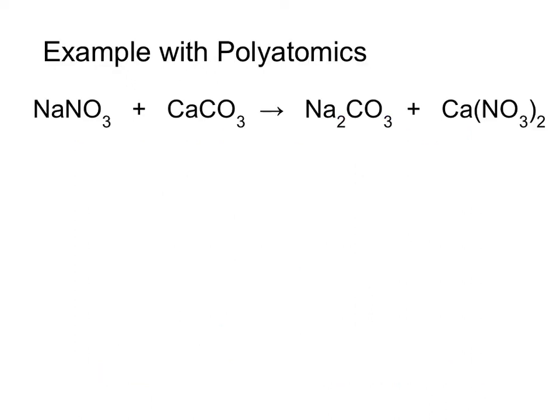When working with polyatomic ions, it's easiest if we treat the entire ion as one thing, rather than counting up all the different elements in the polyatomic ion. In other words, if I'm balancing this equation, I'm going to look at this and say that in the reactant side, I have 1 Na, and I have 1 NO3, I have 1 Ca and 1 CO3, all in my reactant side.